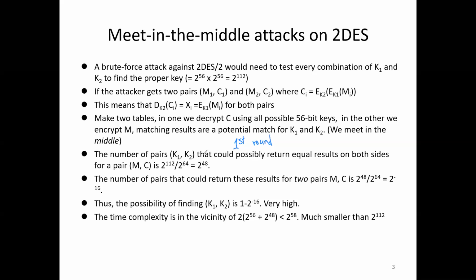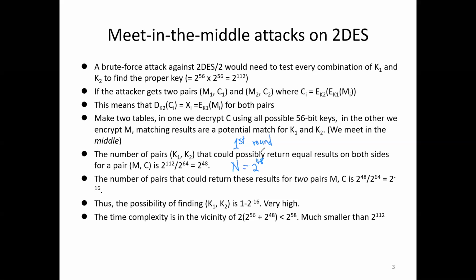So then the candidate pairs is at most 2 to the 112 divided by 2 to the 64, because that's how many different blocks you can have. So that's 2 to the 48. So that means N is 2 to the 48, in the previous slide.